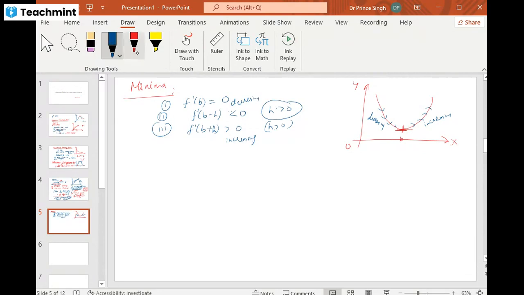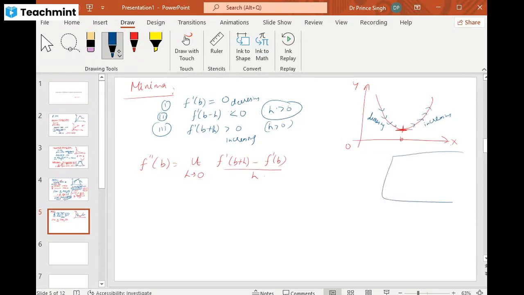Okay, so again, we'll try to apply the second order derivative test. So what about f double dash b? Using the definition of derivative, limit h tends to 0, f dash b plus h minus f dash b upon h, right?